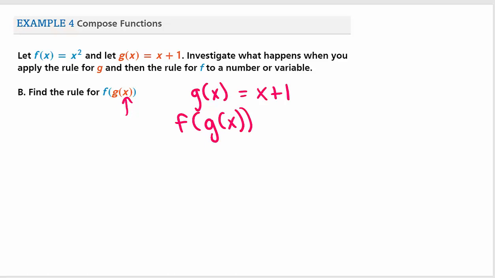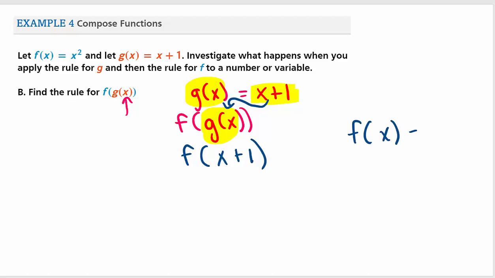So what we're going to do is take g of x and replace it. If g of x is equal to x plus 1, we're going to put that inside of f. So we get f of x plus 1. Our original f function is equal to x squared, so we are going to replace x with x plus 1.